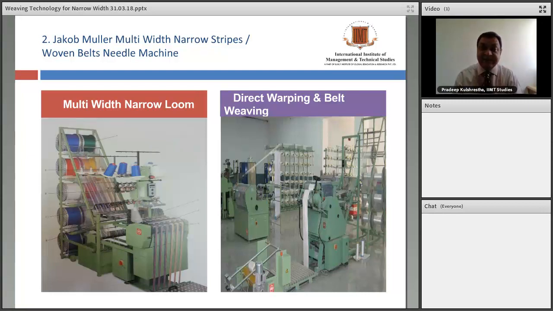I will not cover the rope here because the subject is narrow fabric, but if you see the belt and fabric, you can see the multi-width narrow loom. There are several fabrics at a time that can be woven within the machine capacity. So you can see there are some different color fabrics for different beams coming.